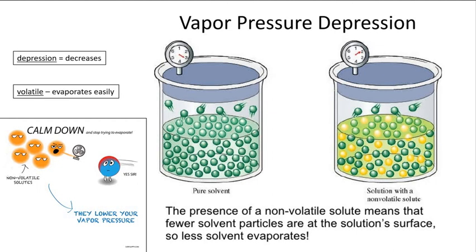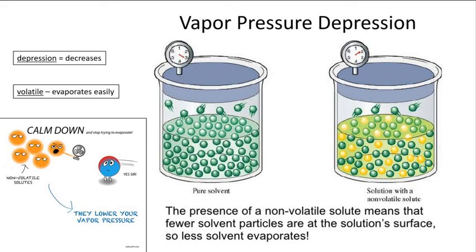Because what happens is evaporating particles have to go fast enough to leave the liquid. Well, these particles, they'll be traveling and they'll hit part of the solute, and that will stop them and slow them down. So they won't get enough momentum going to evaporate as quickly. It says the presence of a non-volatile solute means fewer solvent particles are at the surface, so less evaporates.